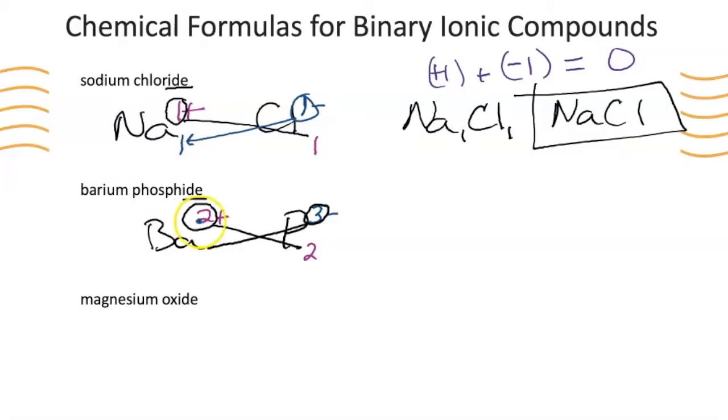And then we're going to use that as the subscript for barium. When we write this, we will have barium 3, phosphide 2.